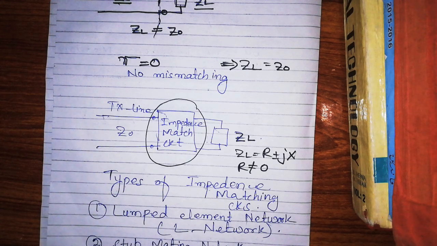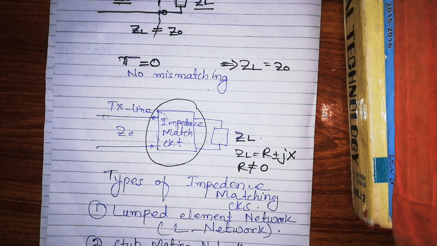Second thing is bandwidth, how much bandwidth this particular impedance matching circuit is supporting. Then we look into the implementation, how easy it is to implement this impedance matching circuit in a particular transmission line. Suppose you have waveguides, microstrip transmission line, coaxial.